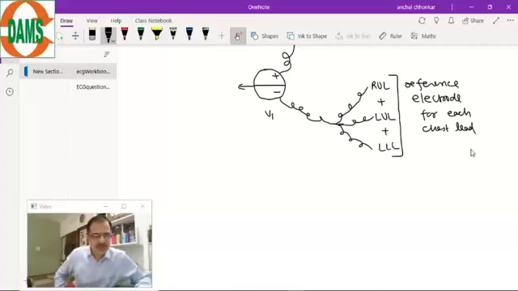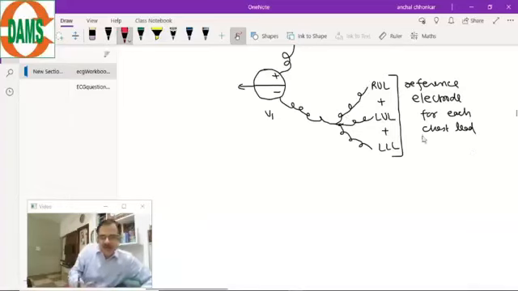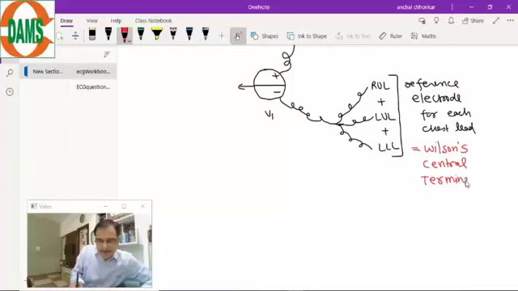The sum of these limbs is almost zero, so it represents a true zero reference electrode. This electrode is known as Wilson's central terminal.